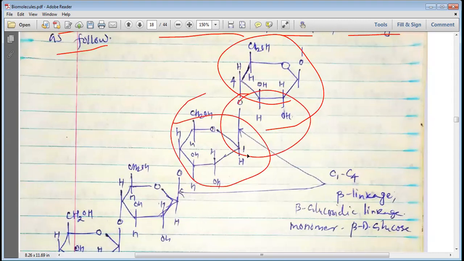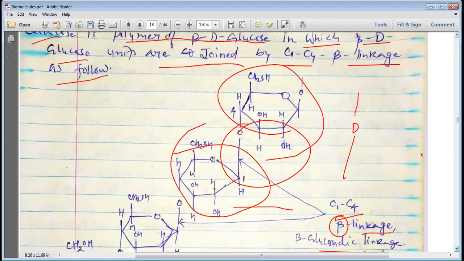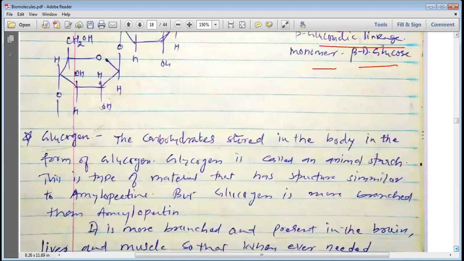The C1 of this beta D glucose and C4 of the other beta D glucose are bonded in this manner, and this is known as the C1-C4 beta linkage. We have seen that in starch we have alpha D glucose as a monomer, but in cellulose we have beta D glucose as a monomer. The linkage here is also C1-C4 glycosidic linkage.